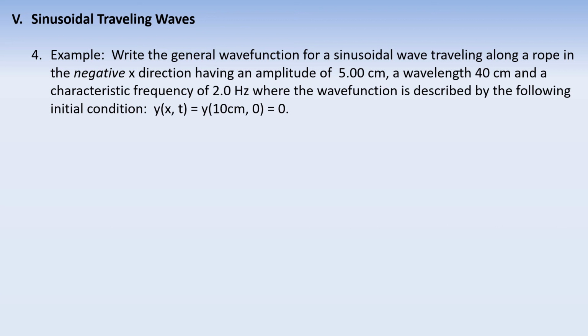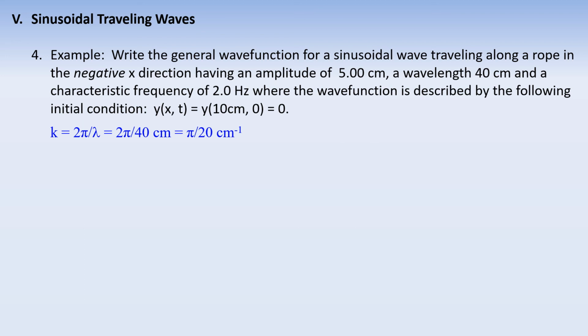Remember we have this expression for the generalized form of a sinusoidal traveling wave, and writing that wave function amounts to finding out what those constants are: k, omega, and phi. So let's start by trying to evaluate these constants given the information in the problem. Starting with k, the wave number is related to the wavelength.